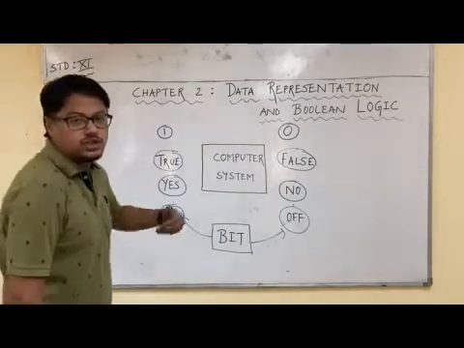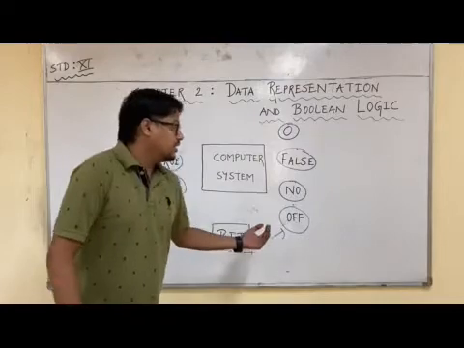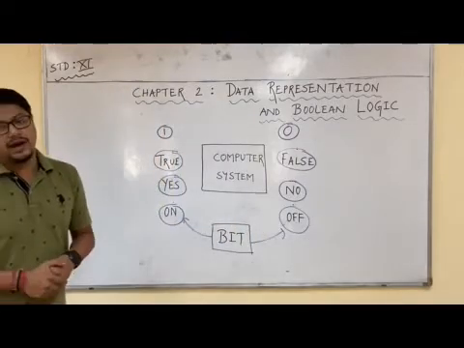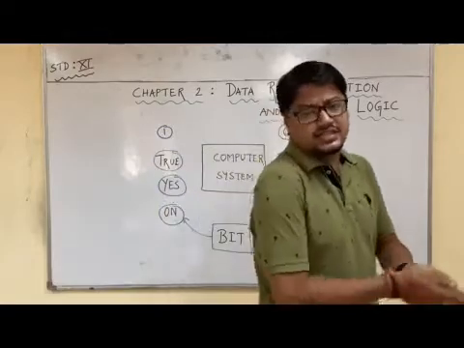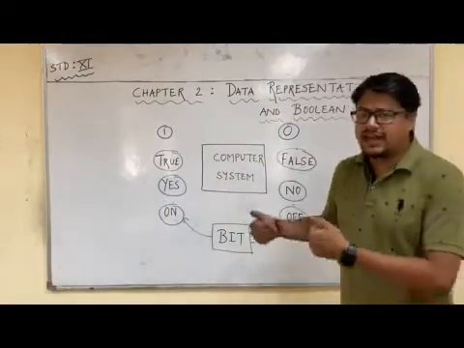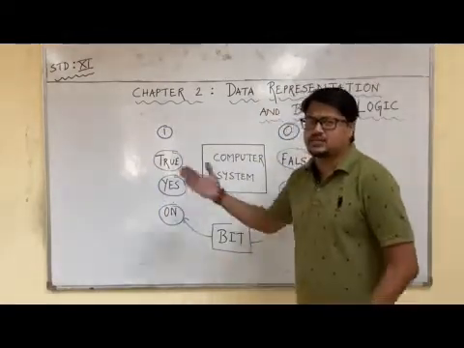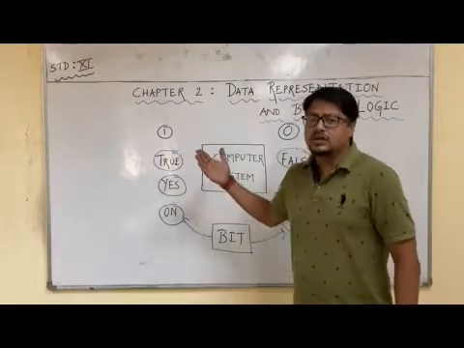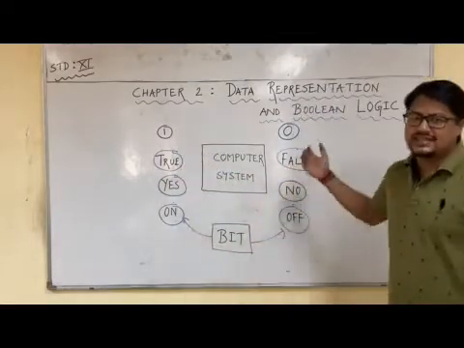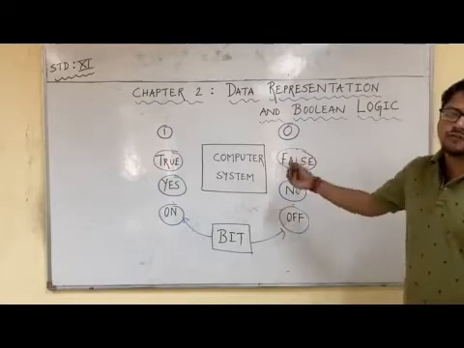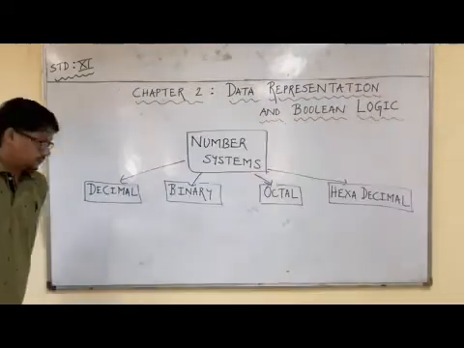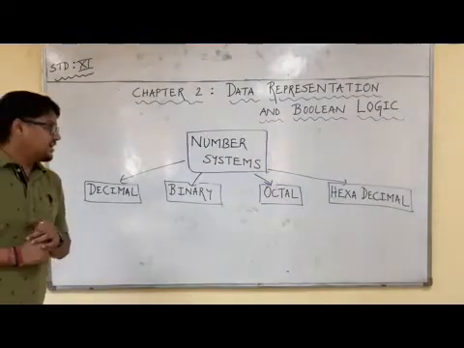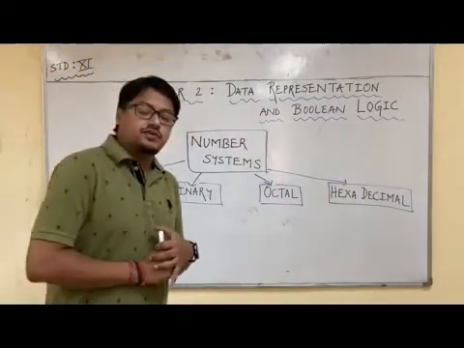If I speak the words off, false, or no, then I am referring to the binary digit 0. So a computer understands two digits, 0 and 1, binary, and they can also be represented, that is 1 in the form of true, yes or on, and 0 in the form of off, no, or false.